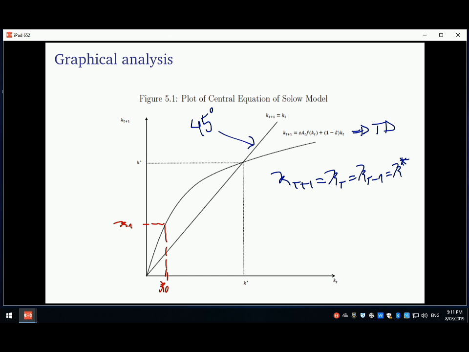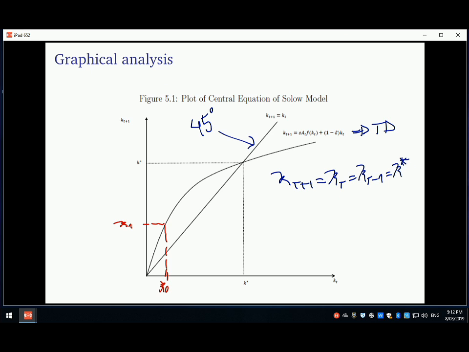Why is that? Because we start at little k0, and then our transitional dynamic equation up there, that concave curve, predicts what is future capital based on this model. That is little k1 tomorrow. Is that clear? So I'm just starting from any given point, little k0, and then using our transitional dynamic equation to infer tomorrow's capital.